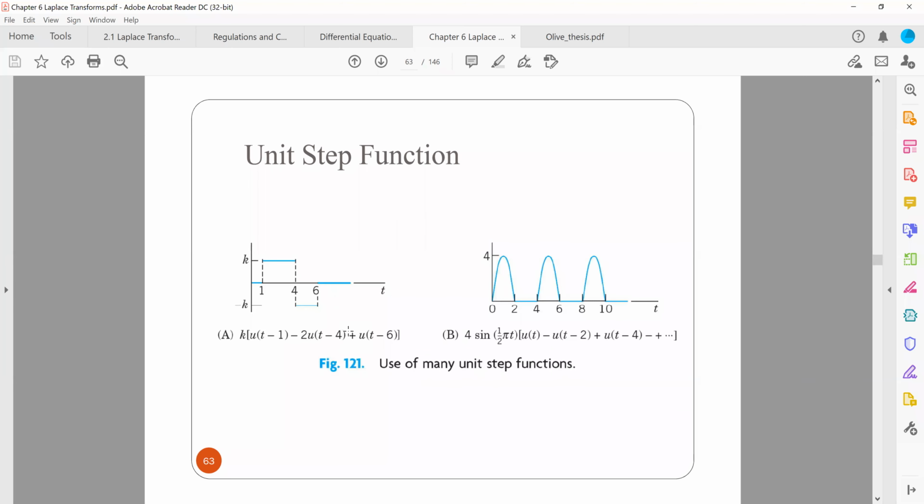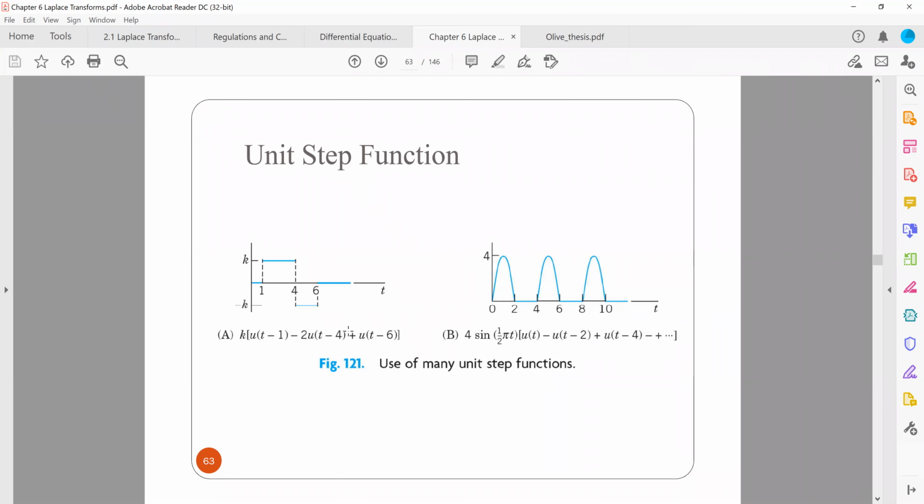Another example is here. With A, we have a summation of different step functions. The first one is a step function delayed by 1, so it will go up, and then we subtract twice u(t - 4). This one was 1, it's going to be minus 2.